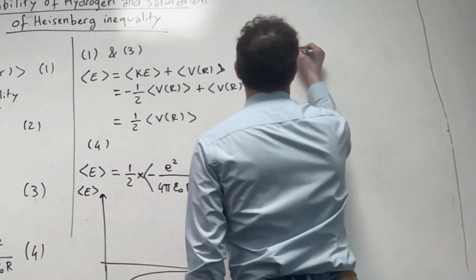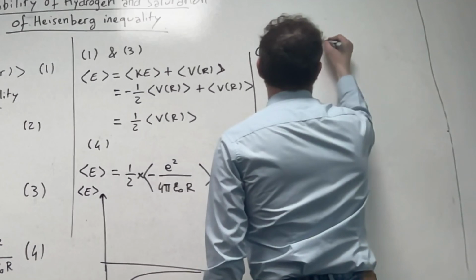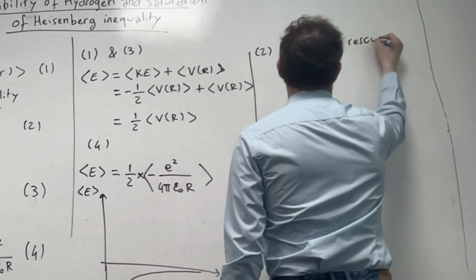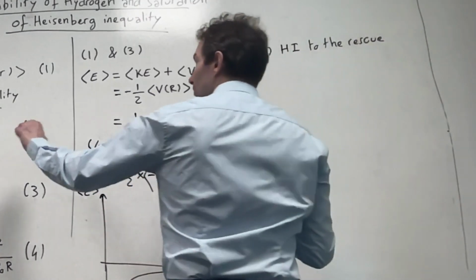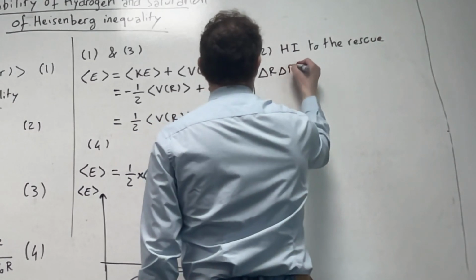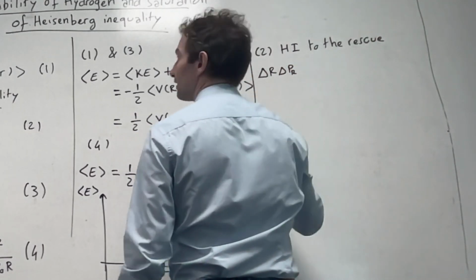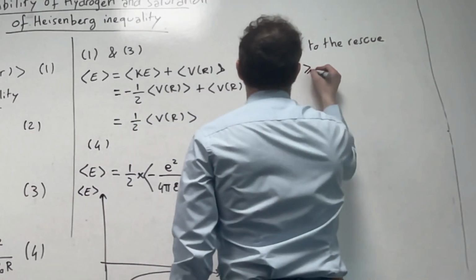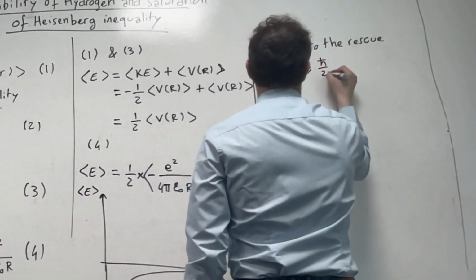What we've got here is that we can't have all possible values of delta R and delta PR. They need to satisfy h bar over 2.